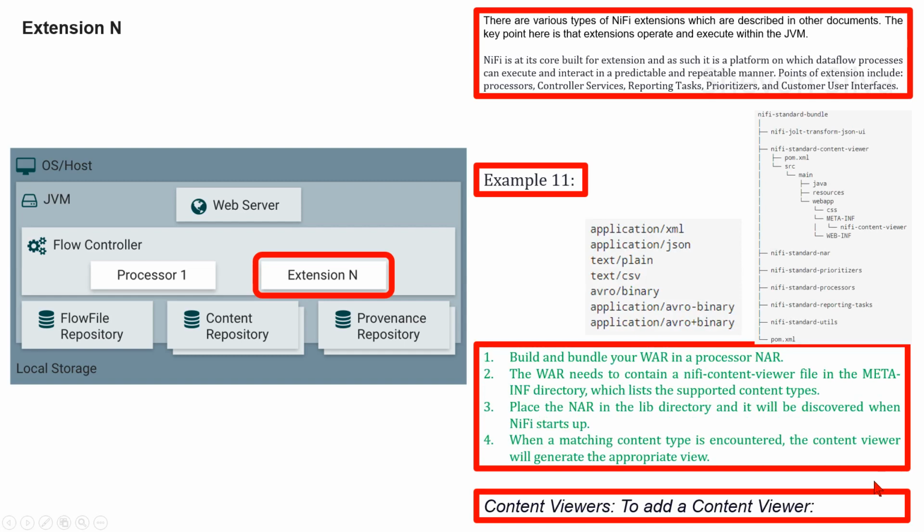Now we are considering content viewers. To add a content viewer, step 1, build and bundle your WAR in a processor NAR. Step 2, the WAR needs to contain a nifi-content-viewer file in the META-INF directory, which lists the supported content types. Step 3, place the NAR in the lib directory and it will be discovered when NiFi starts up.